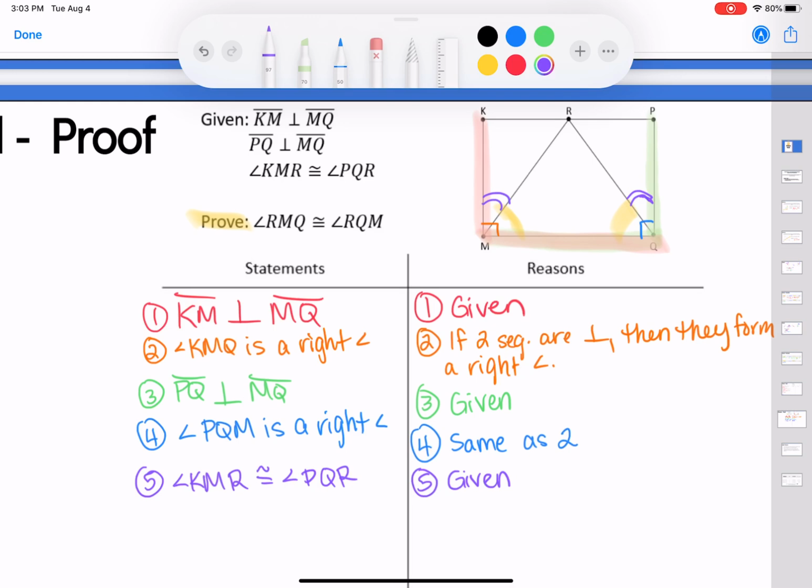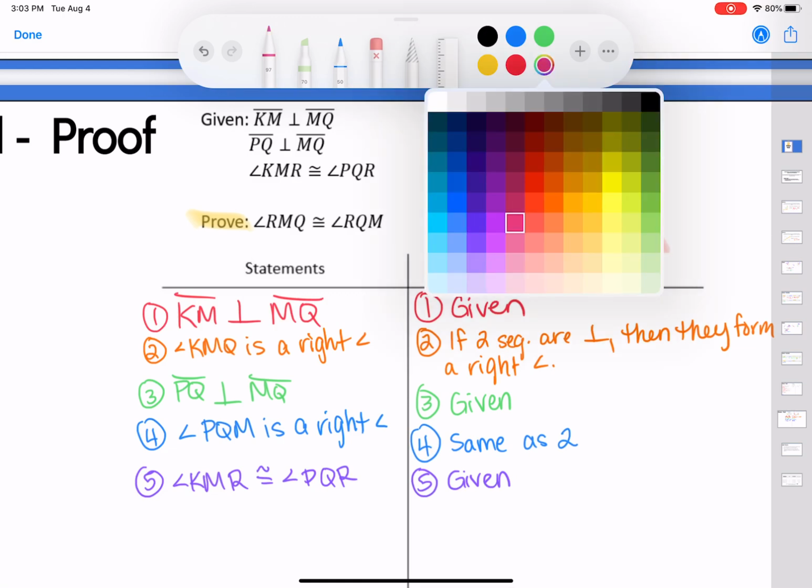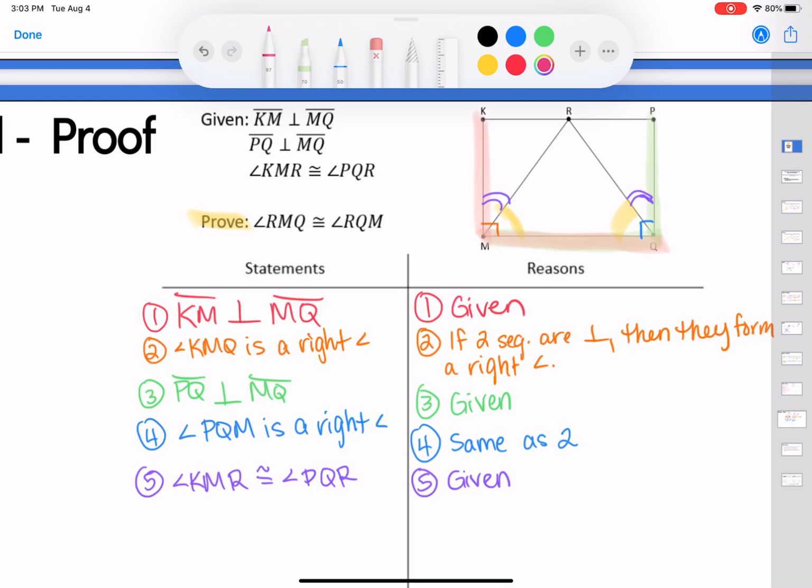Because now what's jumping out at me is that I have, let me get a different color here to start writing on it. So I have two right angles, which means that these two angles are complementary. And these two angles are complementary, right? Because they each form a right angle. But I already know that the purple angles are congruent. Oh.